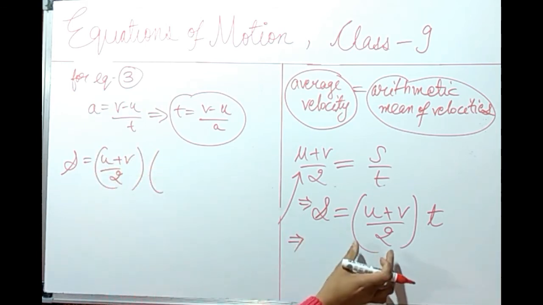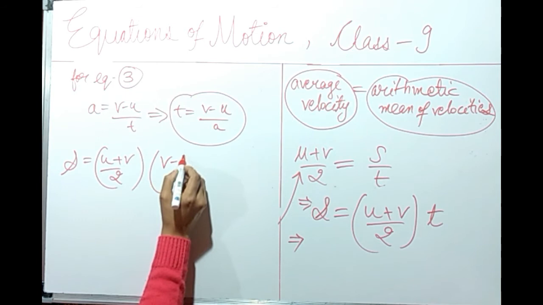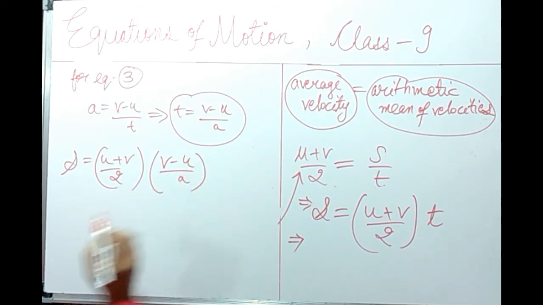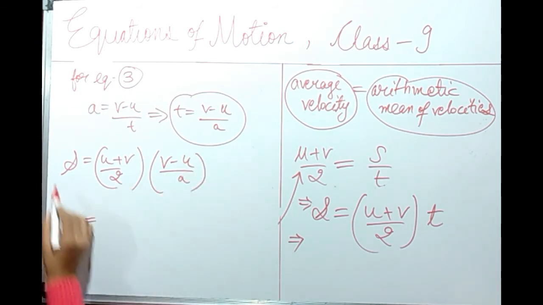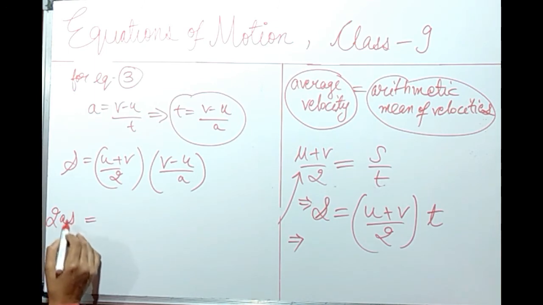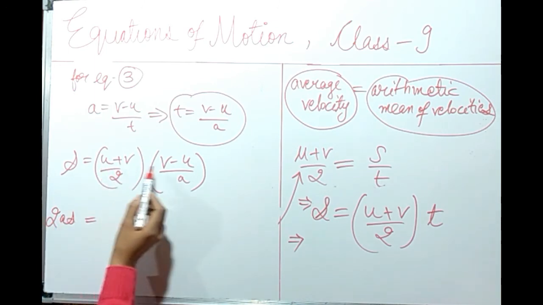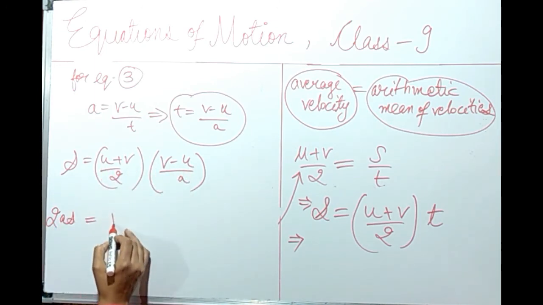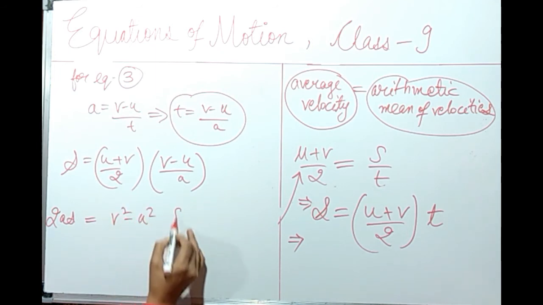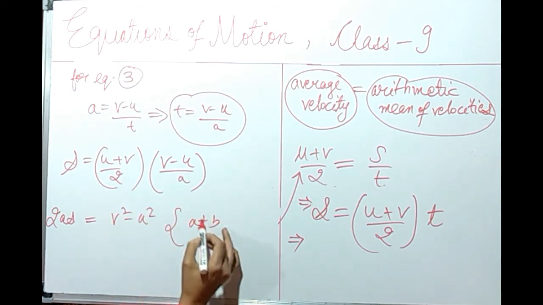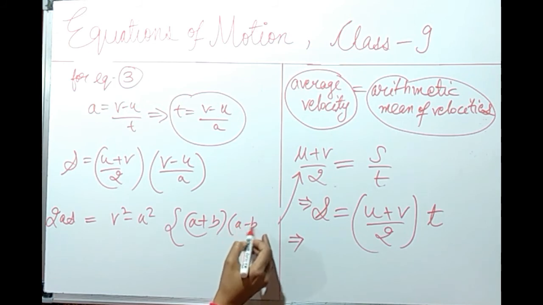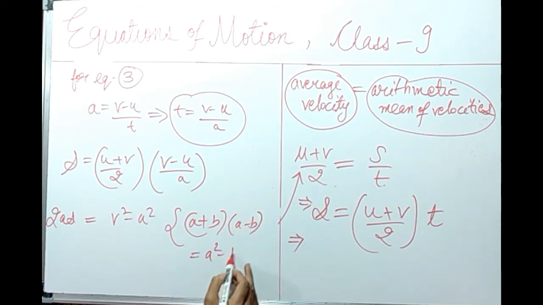The value of t in this expression is v minus u upon a. Take this 2a here with s, 2as, and this is a plus b, a minus b in the numerator, that is v square minus u square, because the formula for a plus b into a minus b is a square minus b square, and this is our equation number 3.